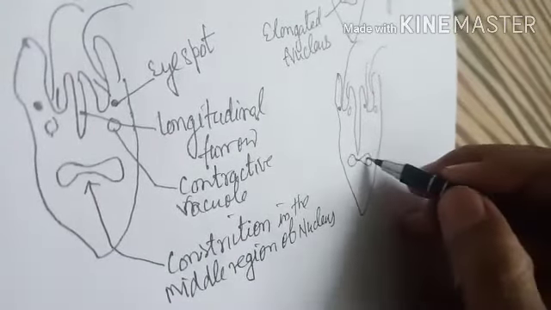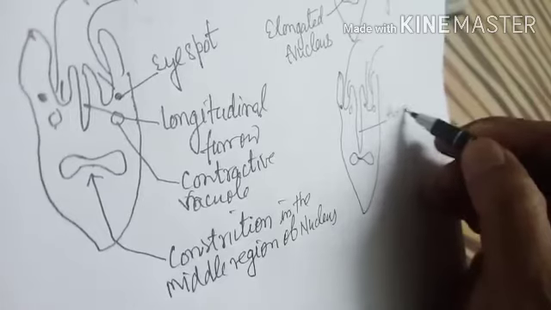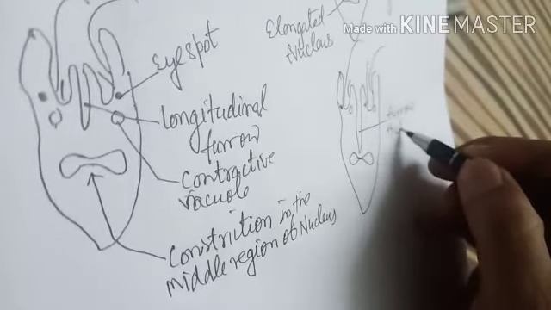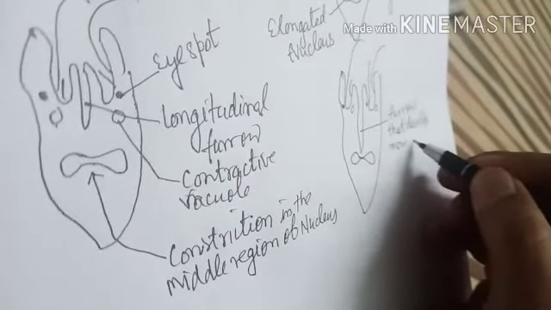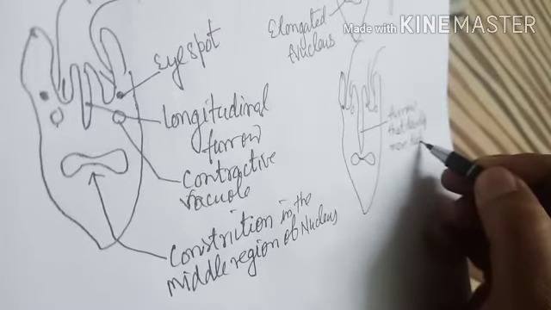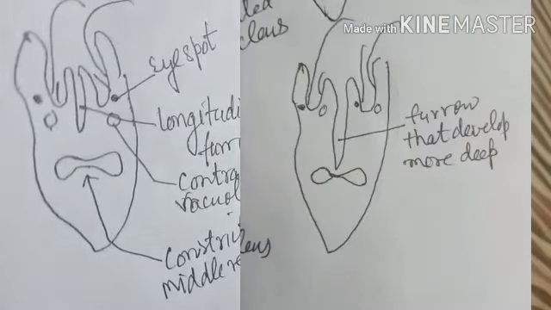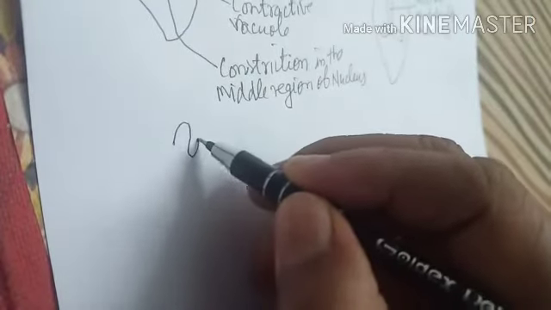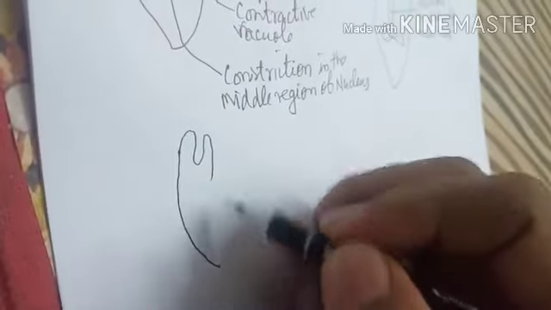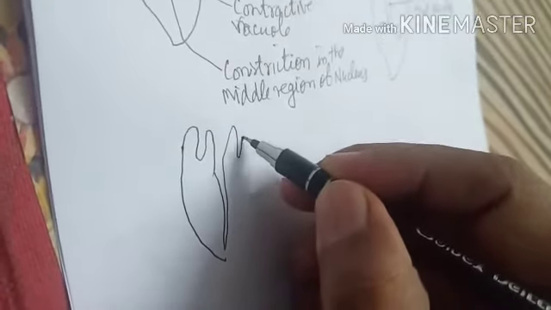And then this is the furrow that develops more deep, and it causes this division of the euglena. Ultimately, the euglena gets divided into two parts.